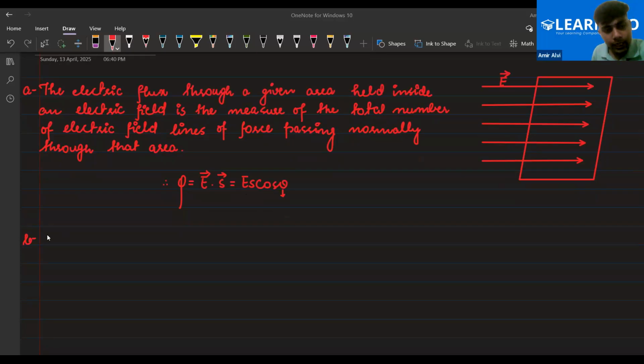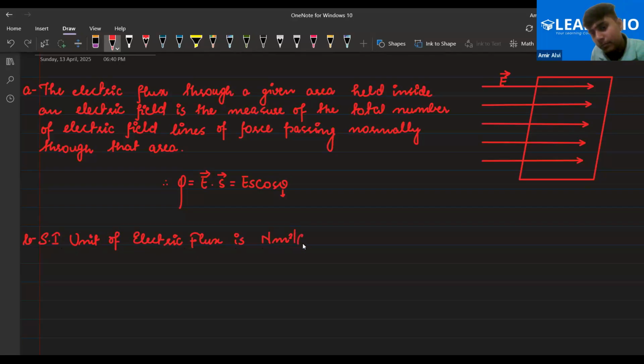There are two SI units for the electric flux: Newton meter square per coulomb, or volt meter.